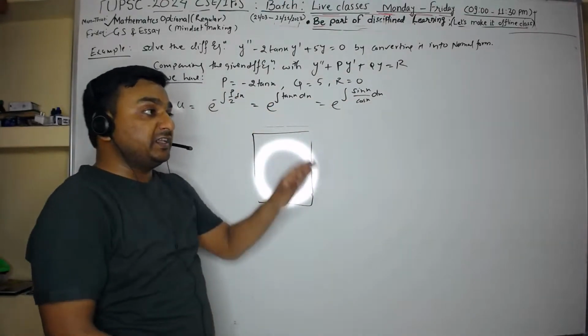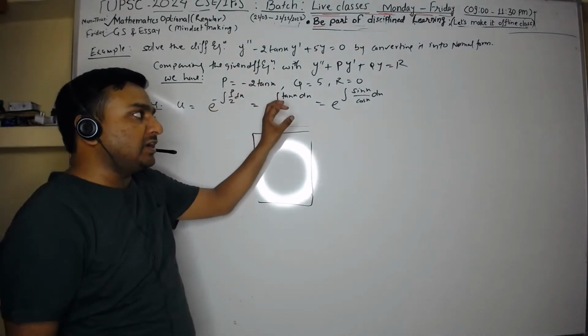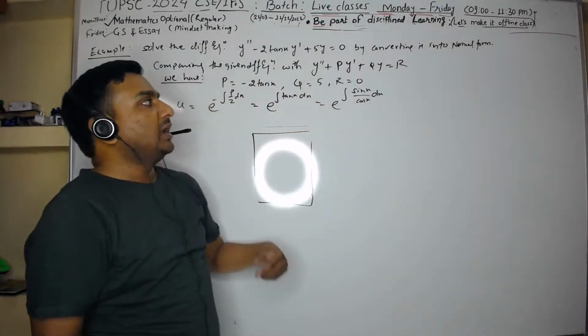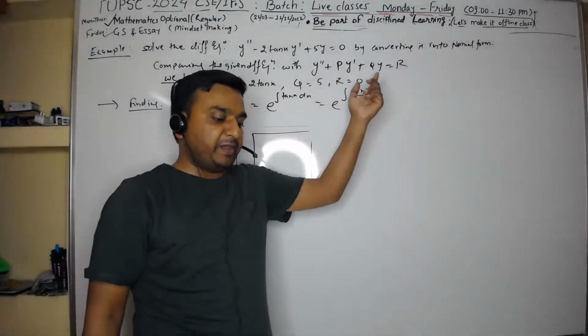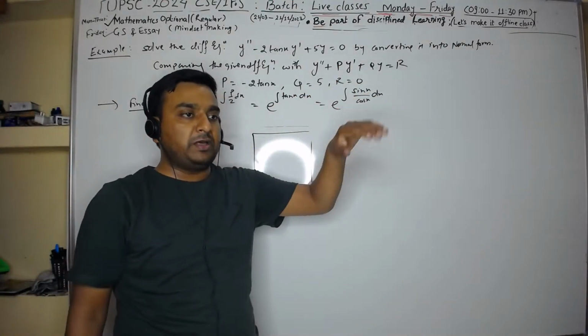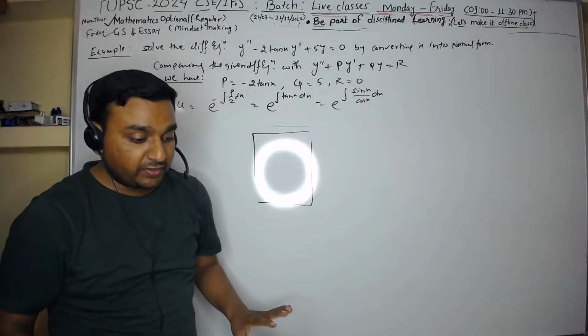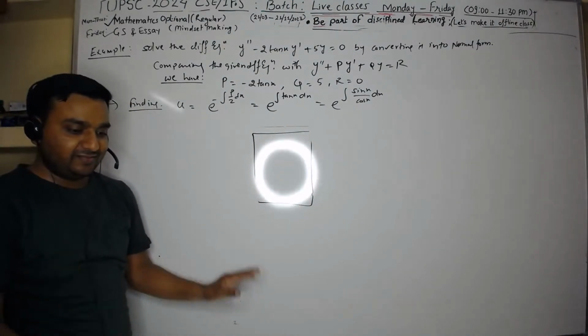One is when they don't specify, you have to identify which method can work here by convenience. Other type of questions, they themselves will mention solve by inspection method, solve by reducing to normal form, solve by removing the first order derivative. Shibu, is that clear? Your answer?